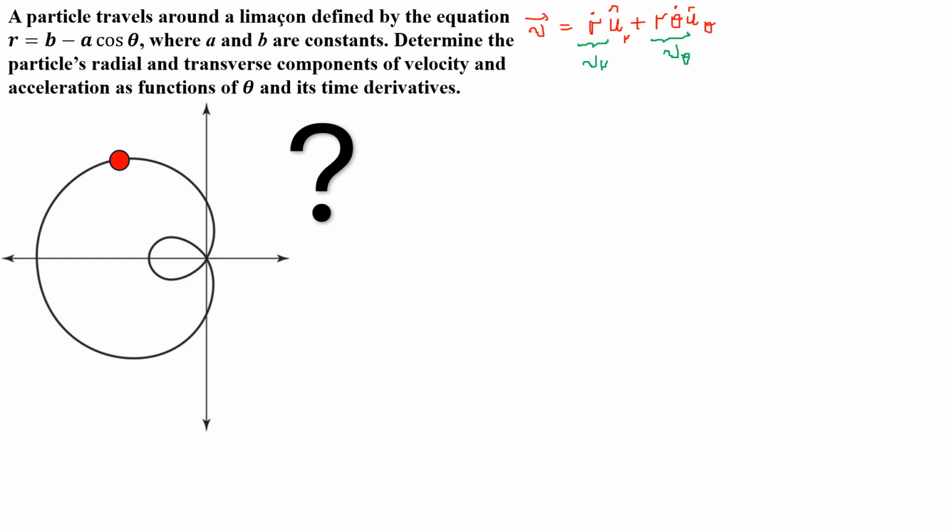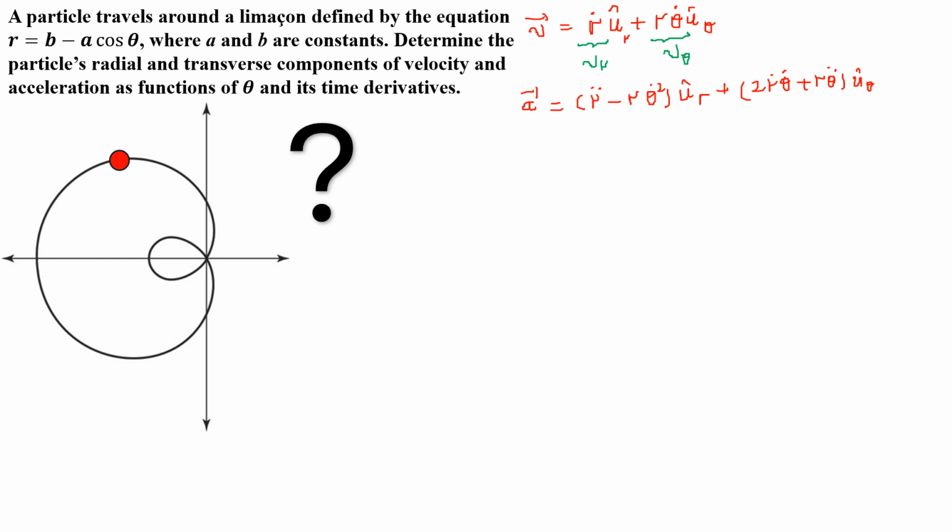Okay, now that's for the velocity. For the acceleration, it's a little bit longer. a equals, now we have r double dot minus r theta dot square u hat r plus 2r dot theta dot plus r theta double dot u hat theta.